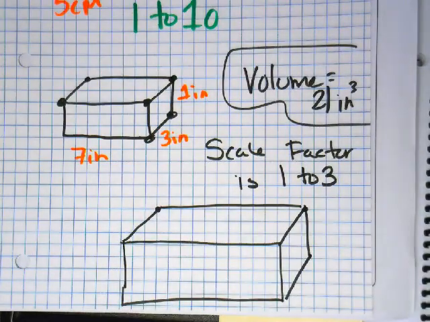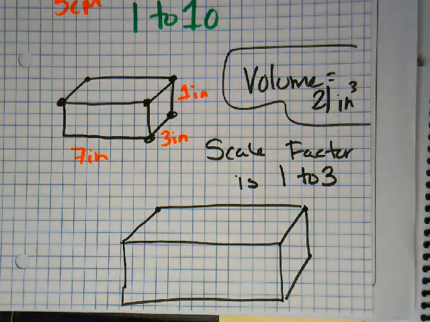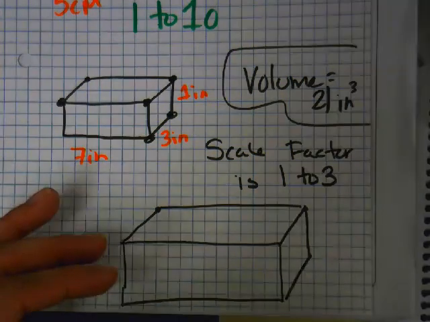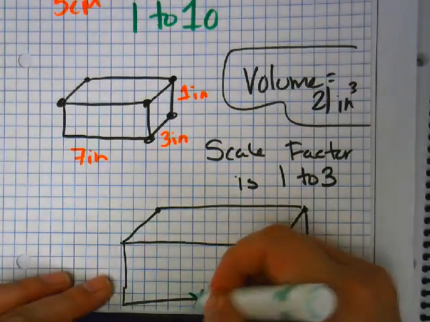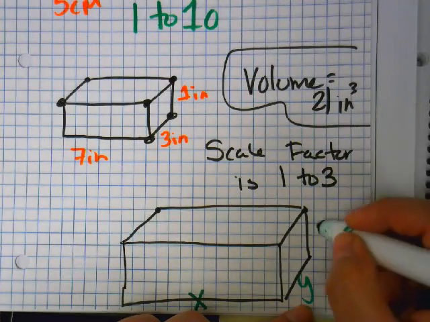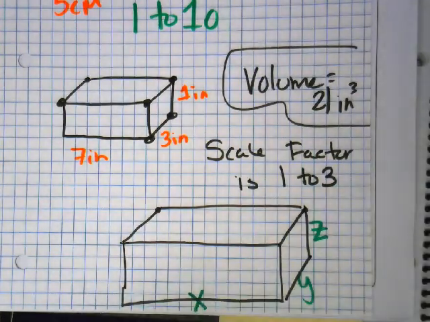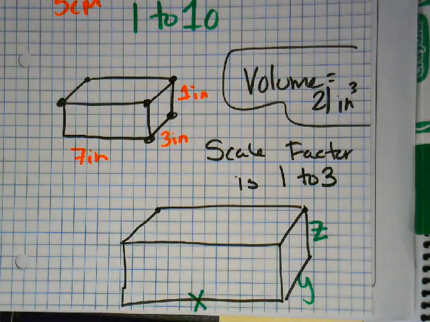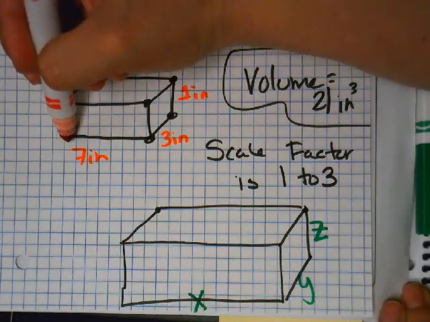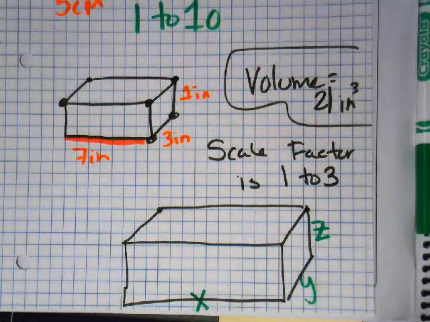There's my ginormous box. How much bigger is it? It's 3 times. So if this side is 7, what do I know?